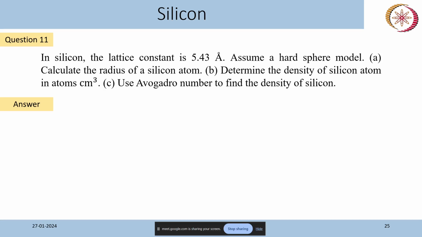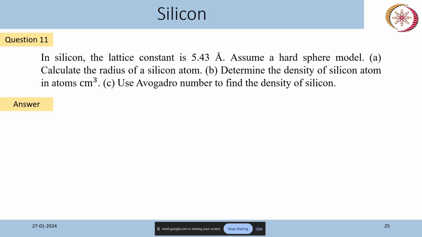The question is, in silicon the lattice constant is 5.43 angstrom. Consider the atoms as hard spheres and calculate the radius of the silicon atom. Determine the density of silicon atoms in terms of per centimeter cube, and use Avogadro's number to find the density of silicon.